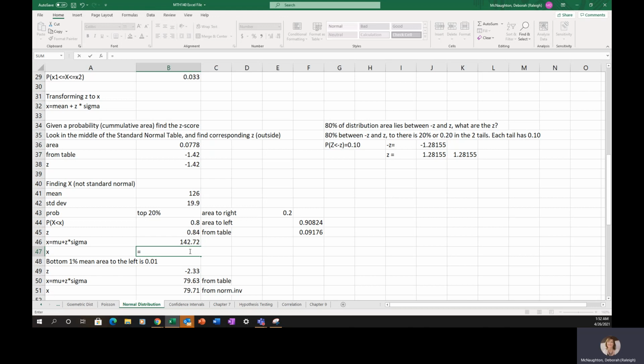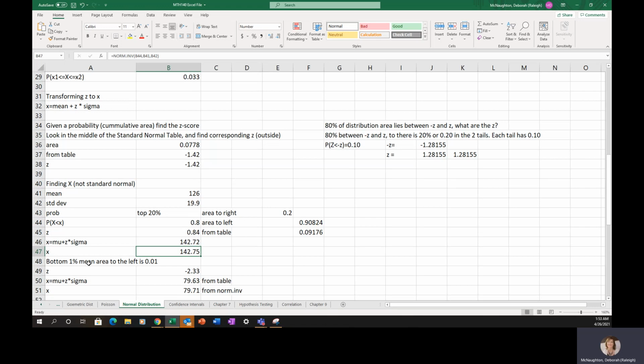So I just go equal norm.inv, hit the tab, and then I put in my probability 0.8, and then mu, sigma: probability, comma, mu, comma, sigma. And so I can do it two ways. I can find the z value, or I can find it straight. So there's no reason to find the z value.